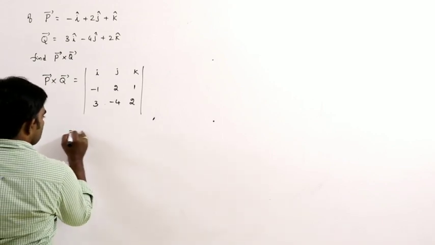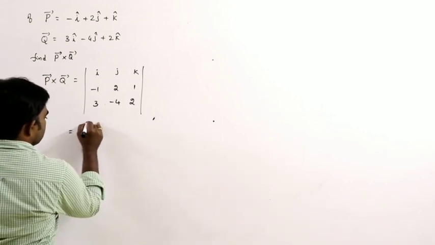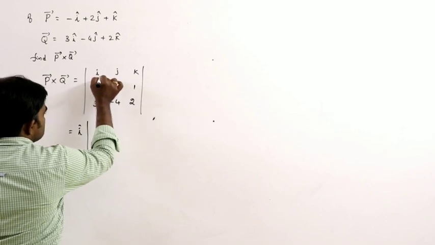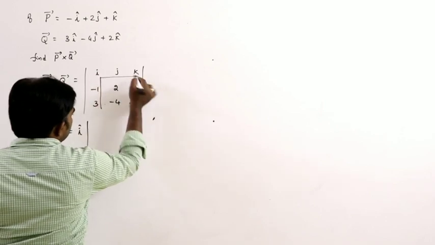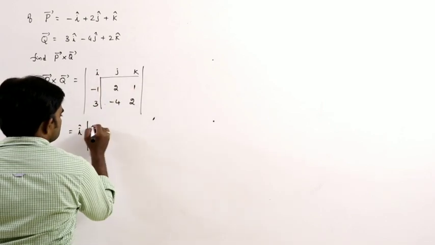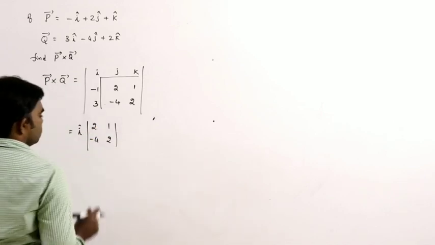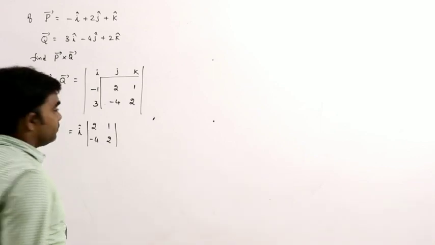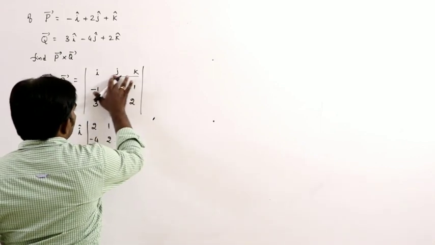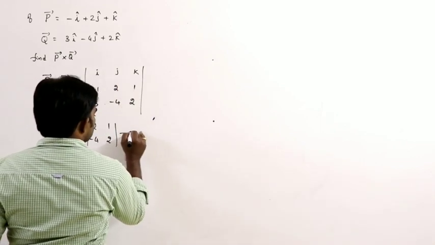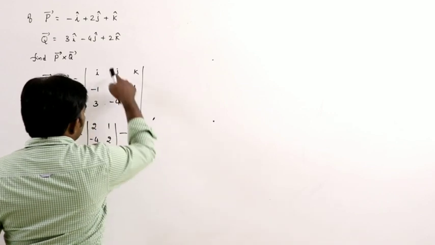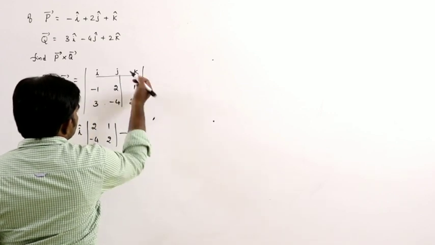Now again write i into, forget about this row and this column. What are the remaining? 2 1 minus 4 2. Next, minus j into, forget about this one and this one.